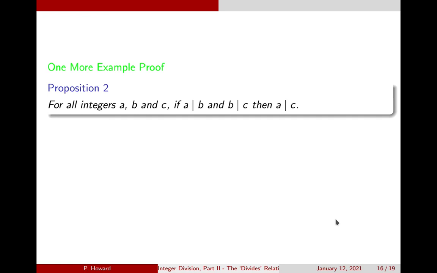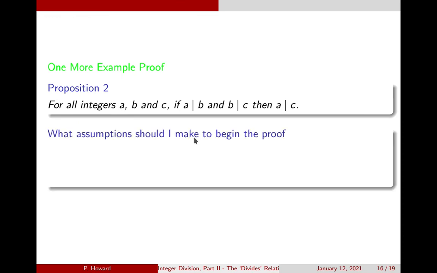Okay, one more example sort of along the same lines. Now we're going to prove that for all a, b, and c, if a divides b and b divides c, then a divides c. What are the assumptions we should make to begin the proof? Well, we're proving for all integers a, b, and c. If something happens, we should assume a, b, and c are integers.